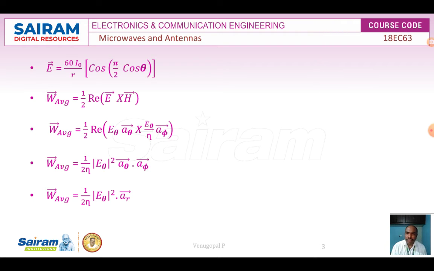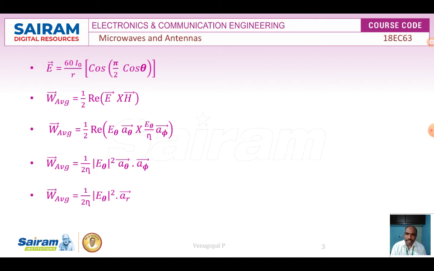Average power density is given by half into the real part of vector E cross vector H. So, half into the real part of E theta, the component of the electric field in the direction of theta, that is E theta into A theta, and H is the magnetic field.